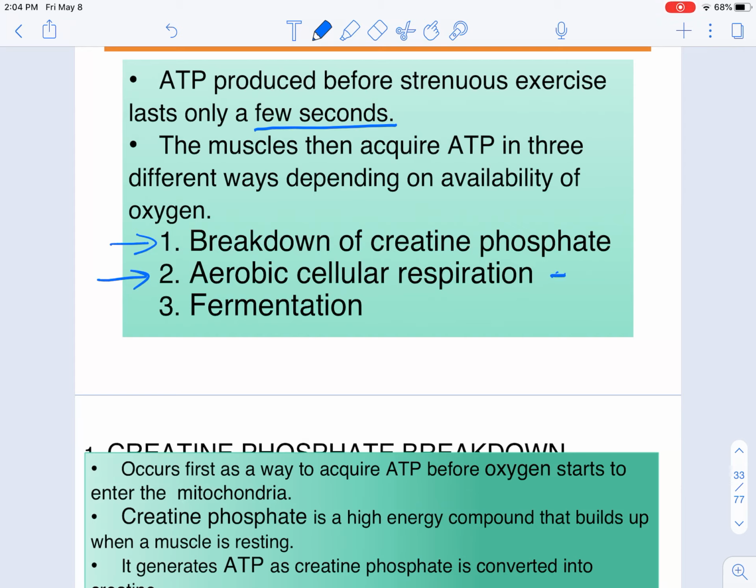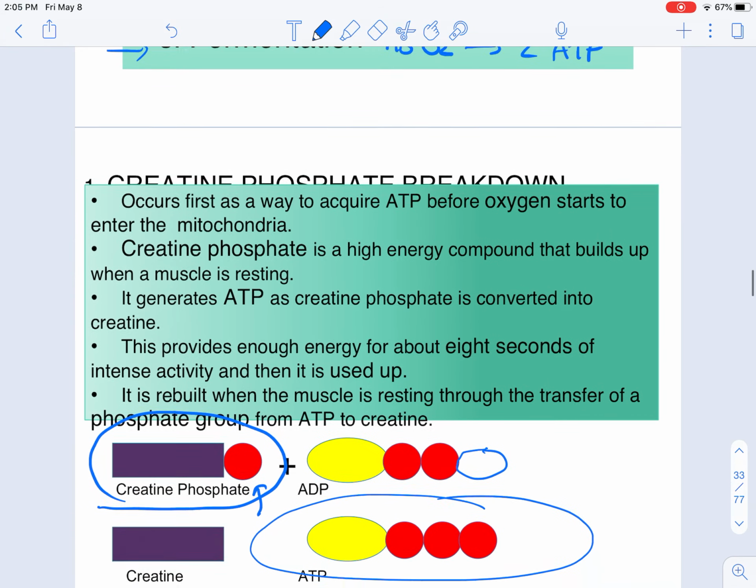Obviously, aerobic cellular respiration, if we have oxygen, we're going to make 36 ATP for every glucose. So that is a source. If we don't have oxygen, then we can make at least 2 ATP through fermentation. So those are the 3 places ATP can be supplied to the muscle from.